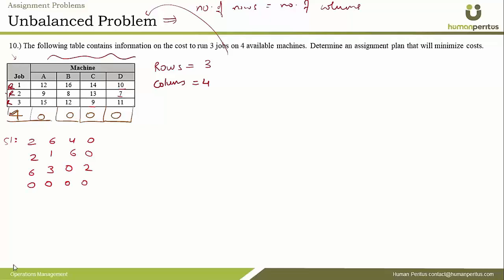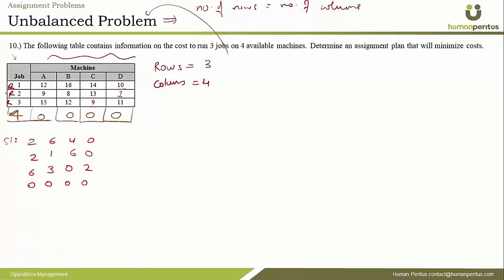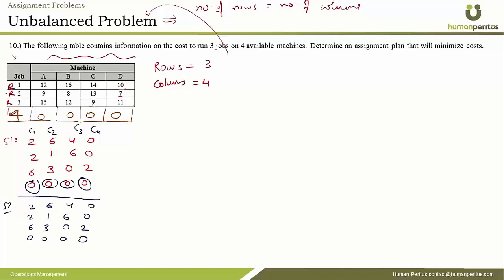For the column, we do not need to do mathematical calculation. Why? Because there is a 0, and every number should be subtracted from the smallest value. So our step 2 will be the same as step 1, and we can straight away write 2, 2, 6, 0, 6, 1, 3, 0, 4, 6, 0, 0, 0, 0, 2, 0.